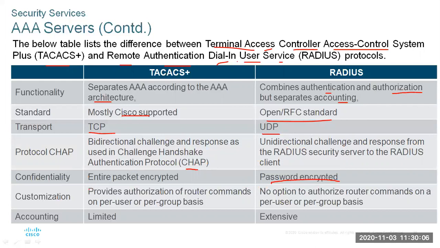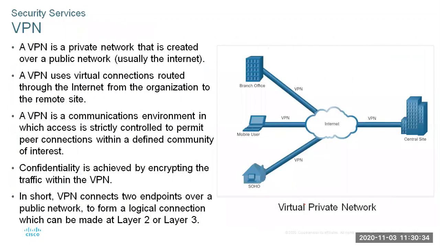TACACS provides authorization of router commands on a per-user basis, and RADIUS has no option to authorize router commands on a per-user or group basis. TACACS is limited on accounting, and RADIUS is extensive on accounting. So you can use any one of them.